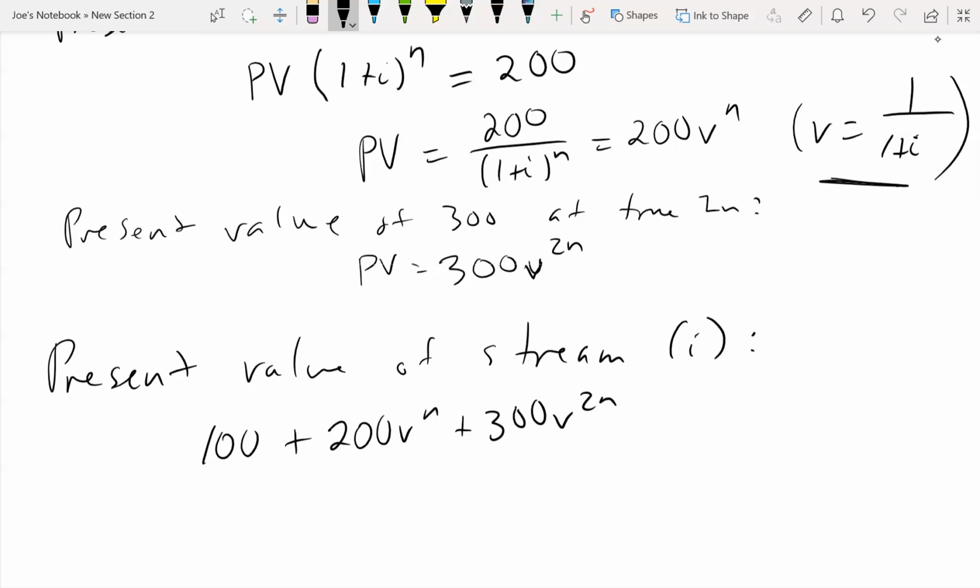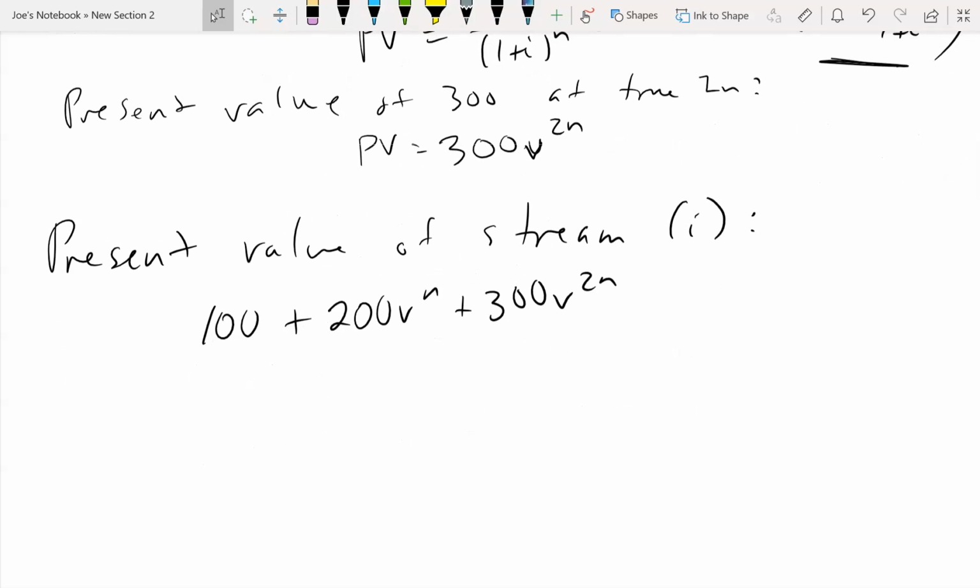All right, so this is the present value for the first part. What about the present value for the second part? The second part says what? 600 at time 10, right? So at time 0, we don't have any payment, right?